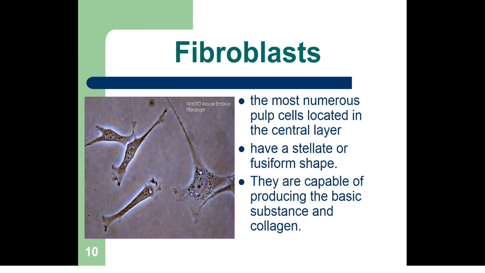And let's learn about the cells of the pulp. Fibroblasts. The most numerous pulp cells, located in the central layer, have a stellate or fusiform shape. They are capable of producing the basic substance and collagen.